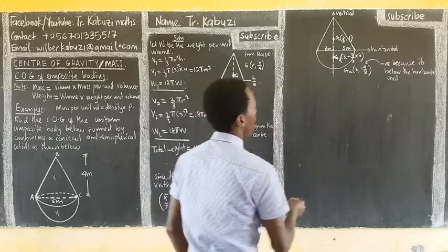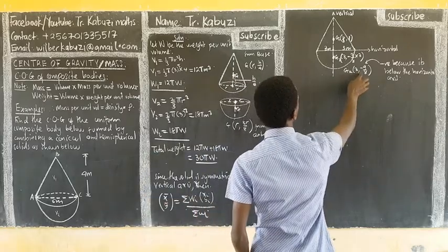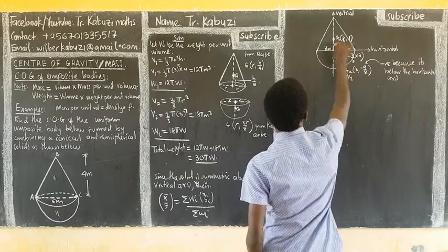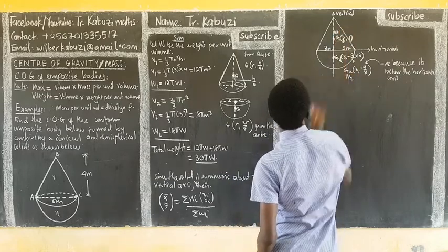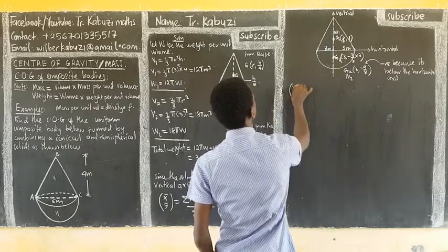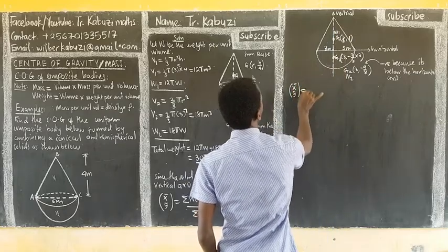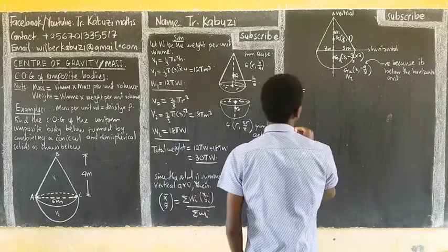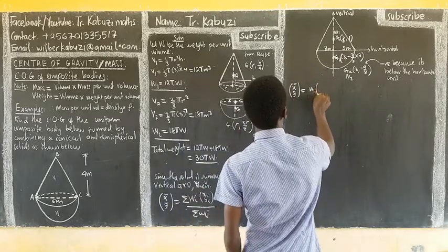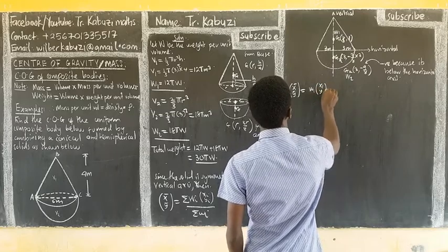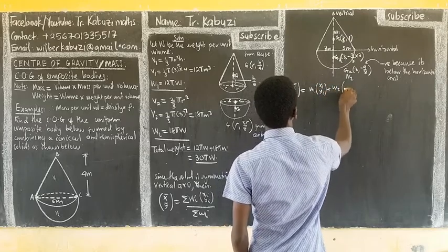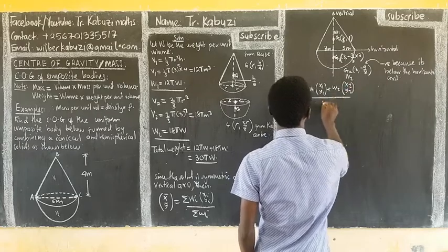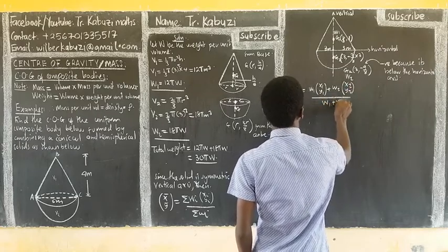Anyway, this is our coordinate, but this one is holding the weight 2, and this one is having weight 1. So to get now our x bar, y bar, of course we know that x is going to be 3. We take w1 times its coordinates, plus w2 times its coordinates, then divide by the sum of the separate weights.